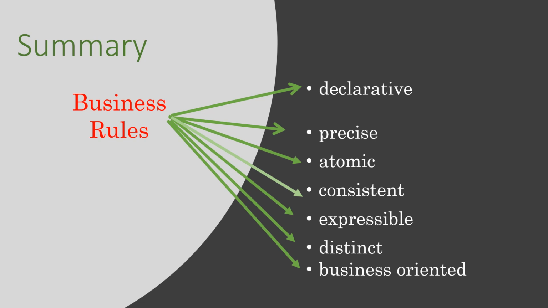So to summarize our lecture for this day, we have the business rules, and good business rules consist of different characteristics such as declarative, precise, atomic, consistent, expressible, distinct, and business-oriented.